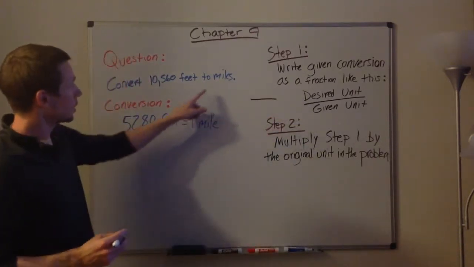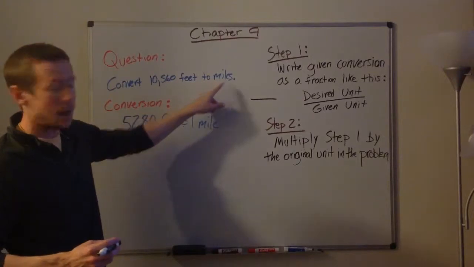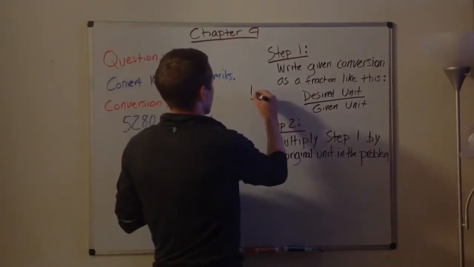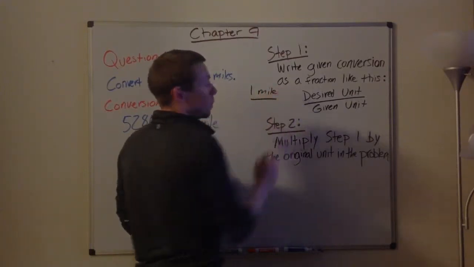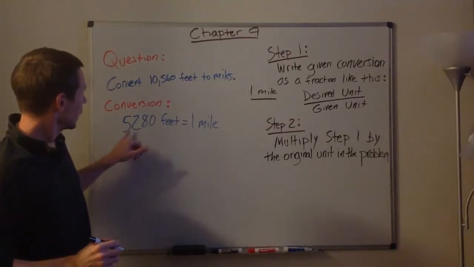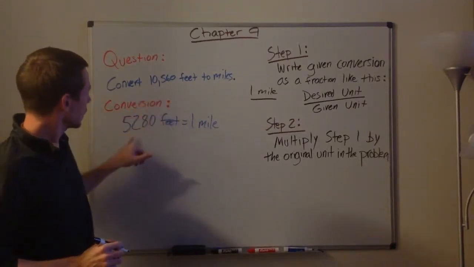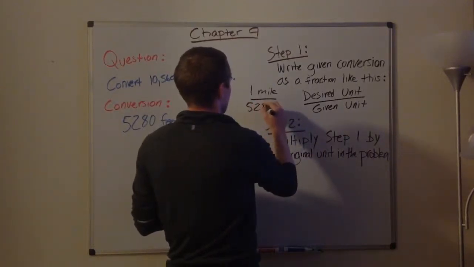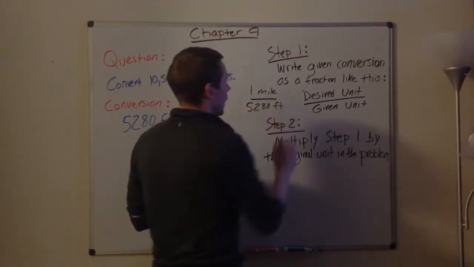Our desired unit is going to be miles, so I'm going to take this 1 mile and put it on top. Our given unit is feet, so I'm going to take the 5,280 feet and write it on bottom.